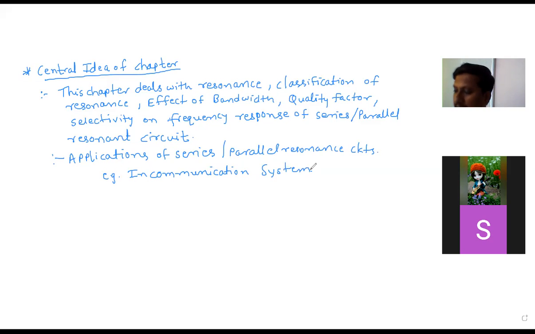So the best example you can take is the radio receiver. Okay. So this will be the central idea, what we are going to learn and how we are going to learn, and what the important parts present in this chapter are. That overall gives the central idea of this chapter.